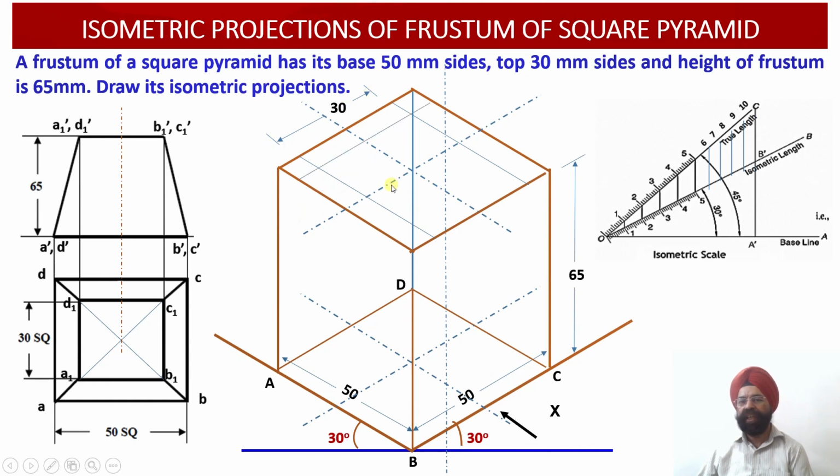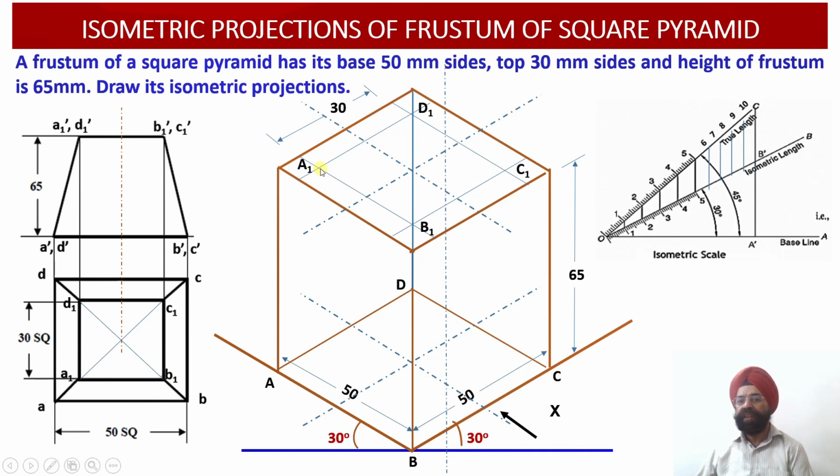Now similarly on the other side, again this is my axis or center line. Corresponding to this center line, a couple of projector lines have been drawn with offsets of 15 millimeter on either side of this axis. Now by drawing these 4 projector lines at an offset distance of 15 millimeter from these 2 axis lines, I am able to obtain a square construction at the top face of this particular square prism, right?